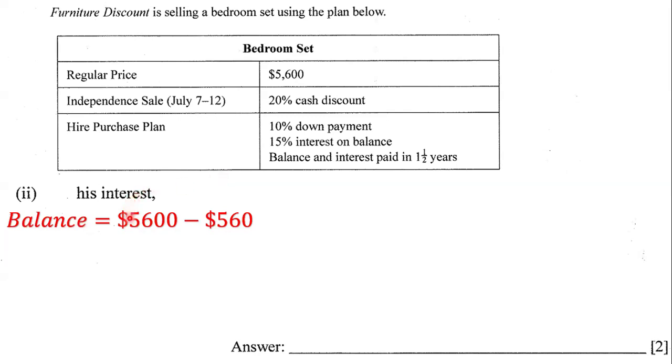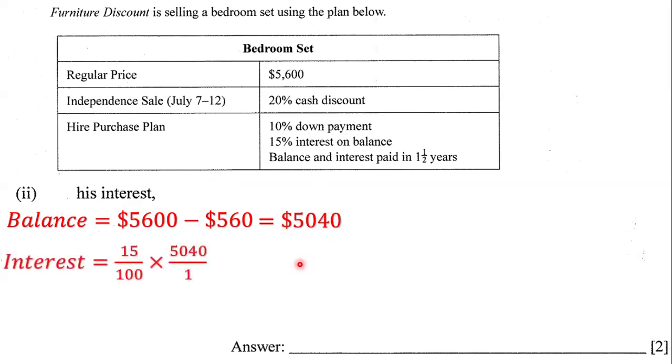And so it's going to be 5,600 minus 560, which is the down payment. And so 5,600 minus 560 gives us 5,040. So that means his balance is $5,040. And so the interest is going to be 15% of the balance, so 15% of 5,040.